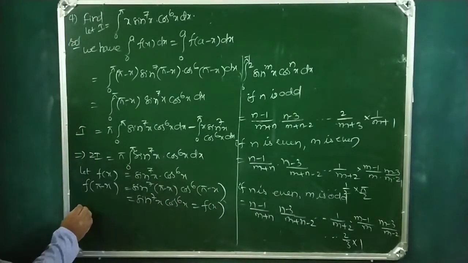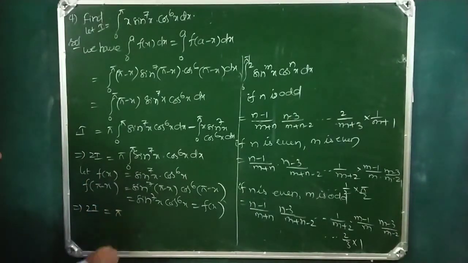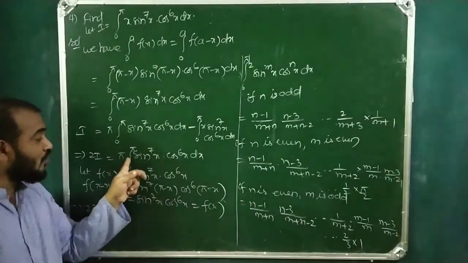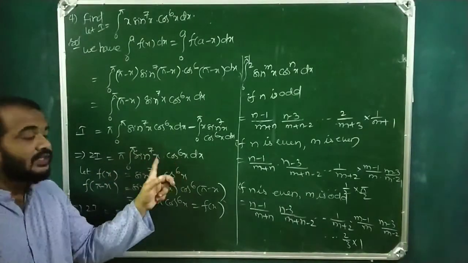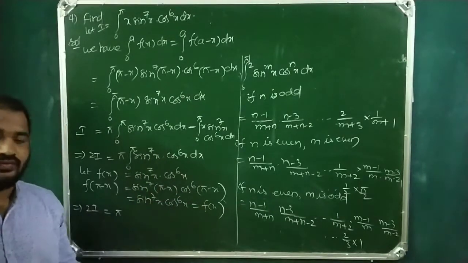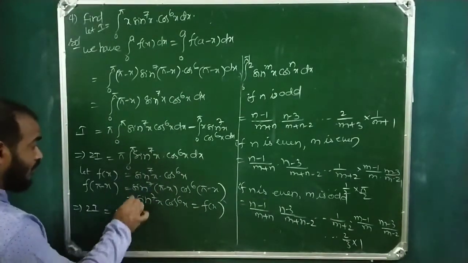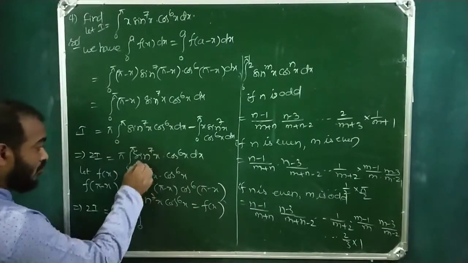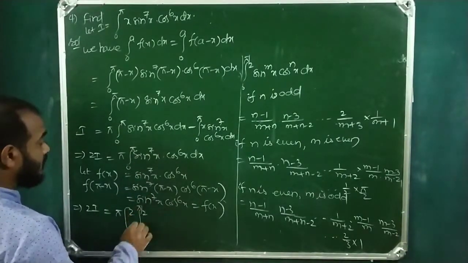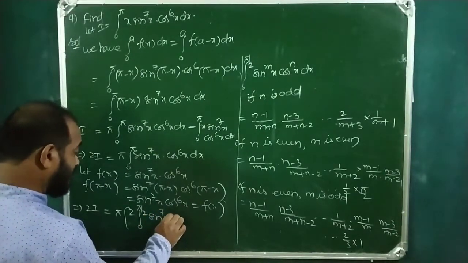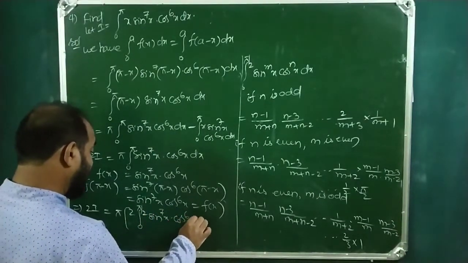Therefore, this becomes 2I is equals to, according to property, integral 0 to a f of x dx equals to 2 integral 0 to a by 2 f of x dx if f of a minus x equals to f of x. So this is pi into 2 integral 0 to pi by 2 sin power 7x into cos power 6x dx.